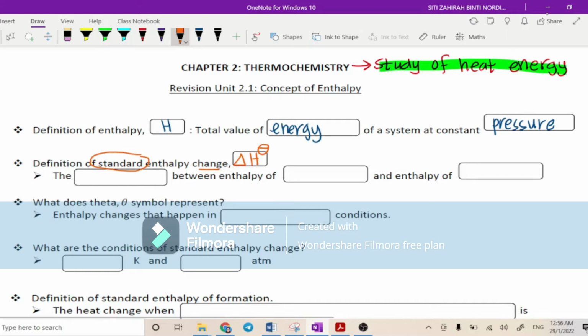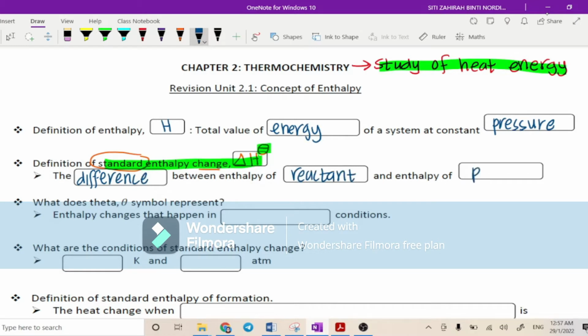So standard enthalpy change has a symbol of delta H theta. The definition is that it is the difference between enthalpy of reactant and enthalpy of product.